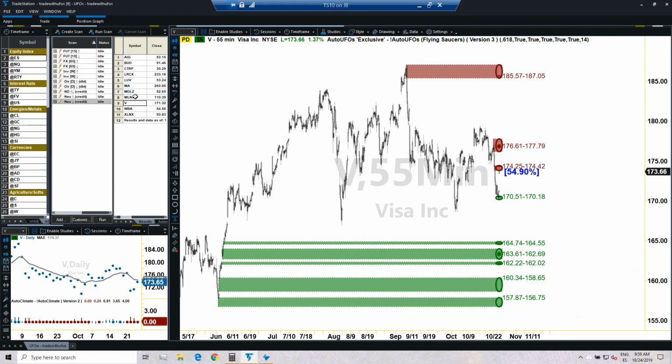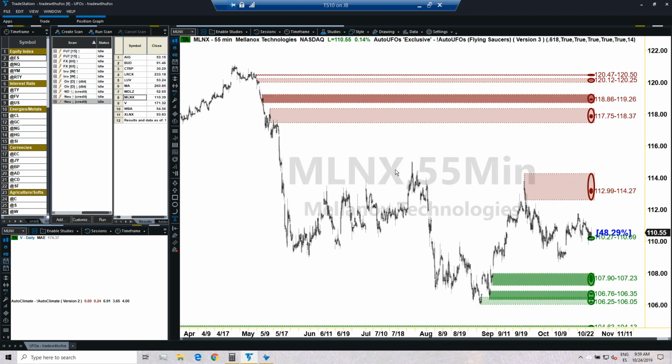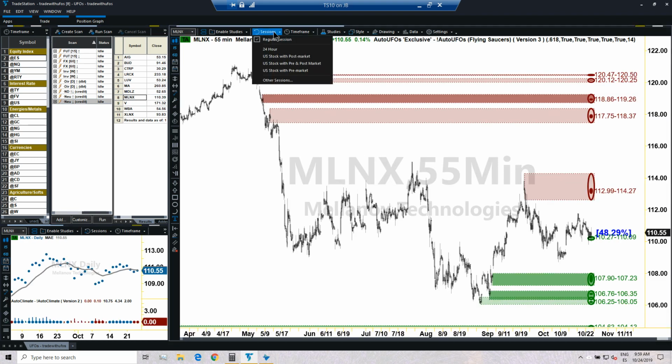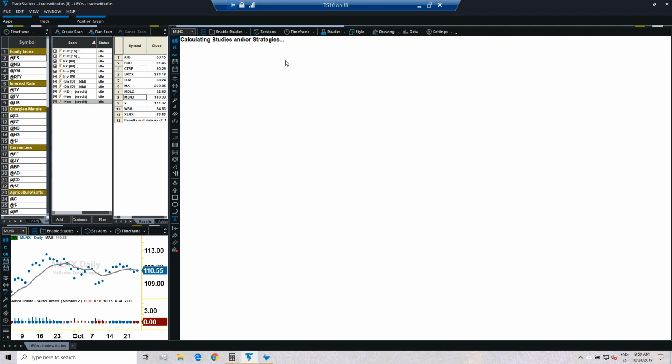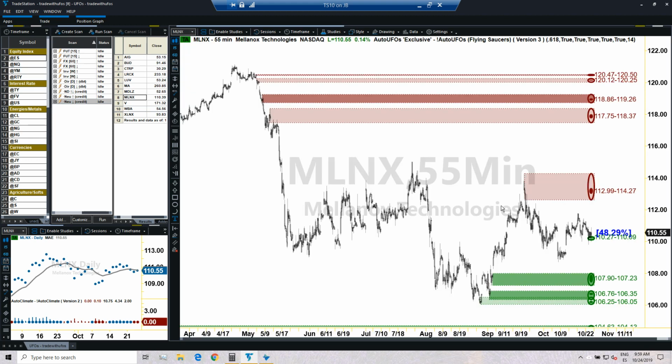So then the last opportunity we have to assess together is MLNX, which is 48% probability if we do regular session, and is 40% if we do pre-post market. So that stock is not meeting the rules for a directional trade, but it is meeting the rule for a non-directional trade. You've seen me use a non-directional trade with 48, so it would be okay.